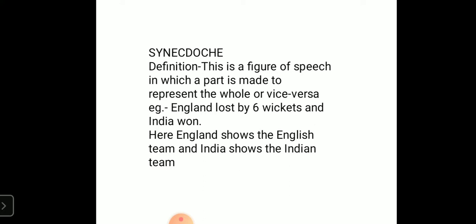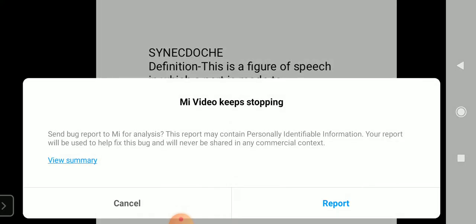Let's take an example. England lost by 6 wickets and India won. So here England shows the whole English team, right? The one word is representing the whole English team, and India is showing the whole Indian team, right?